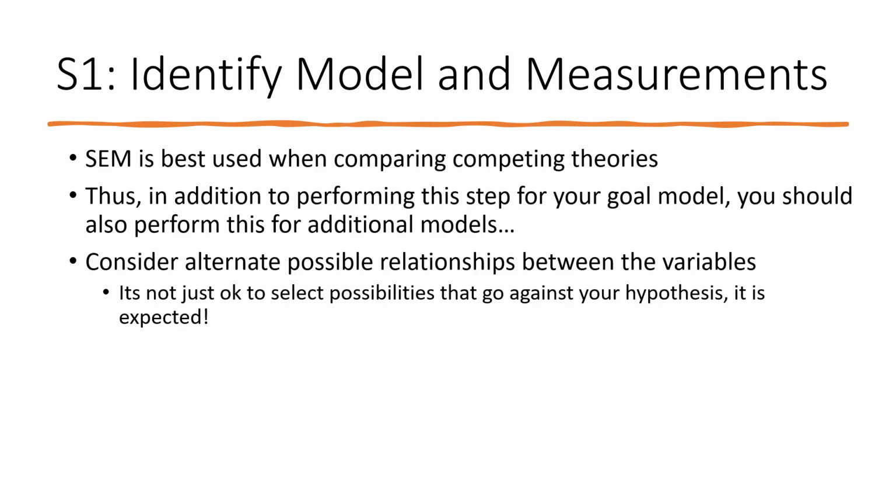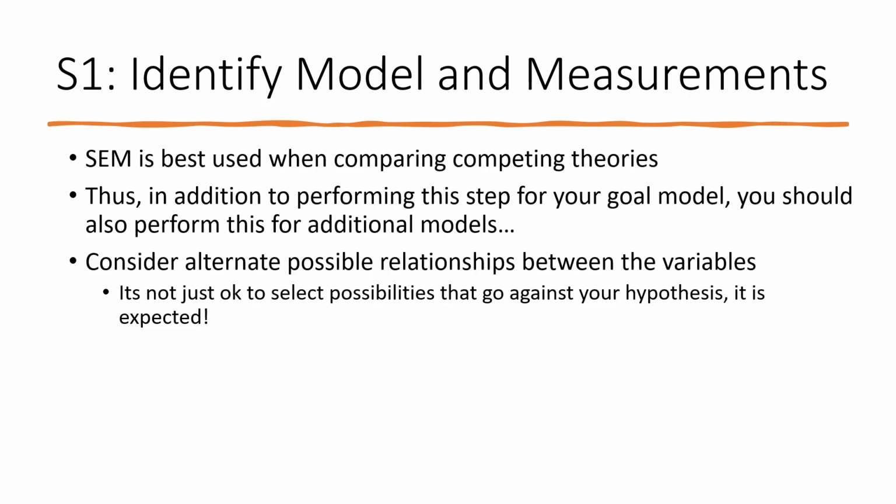If you don't have common relationships between the models, that maybe is a common theory in your field, it might look questionable to say, hey, you've proposed this new way of looking at relationships among variables, but you've not compared this to the old way of looking at relationships among variables, and that's a big miss. So we want to see that comparison happen so that we can determine, hey, is yours better than that alternative?